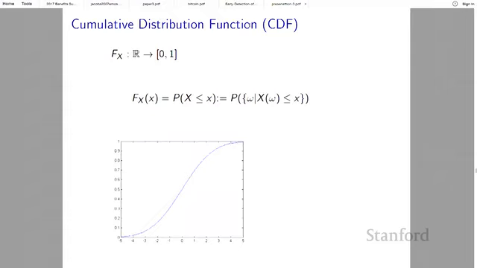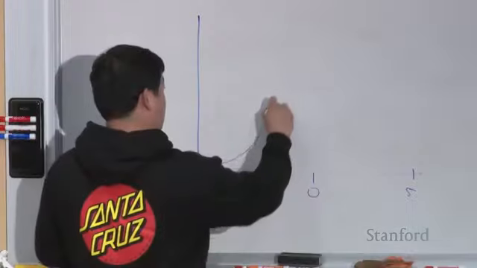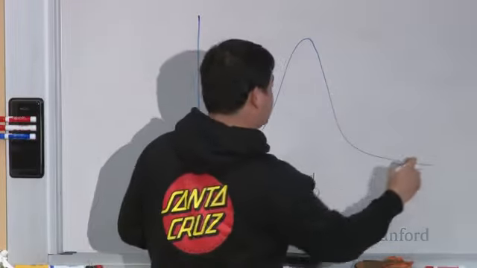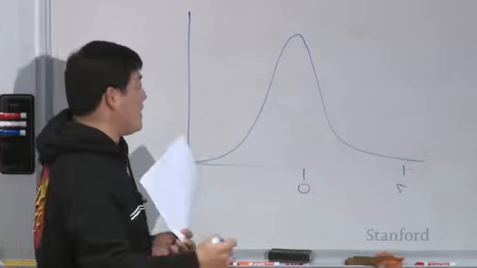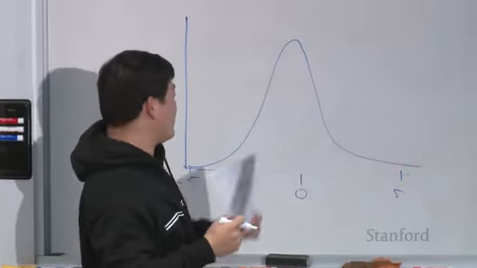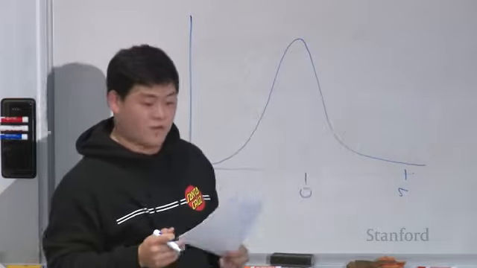Here's the CDF of a normal distribution. If I draw out the normal distribution, and I'm going to put it on the same scale as this one, we have a normal distribution, and if we integrate this function, we get exactly that function.